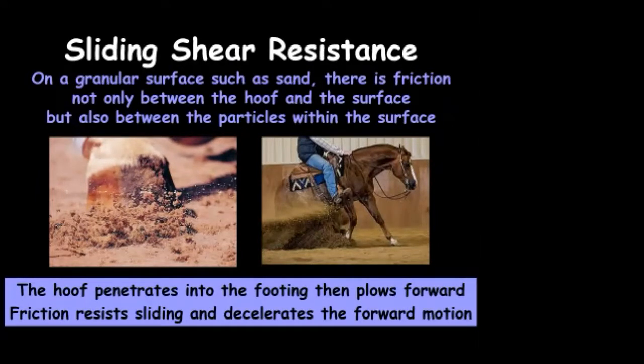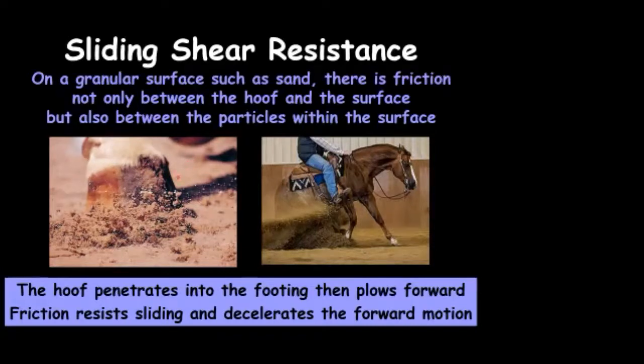So then when the hoof is partly embedded in the surface, it's not just sliding across the top of the footing, it actually has to plow through the footing. So we have to take into account not only the friction between the hoof and the surface, but also the friction between the particles within the surface. So it becomes a little bit more difficult to calculate. We don't really have good ways to calculate this.